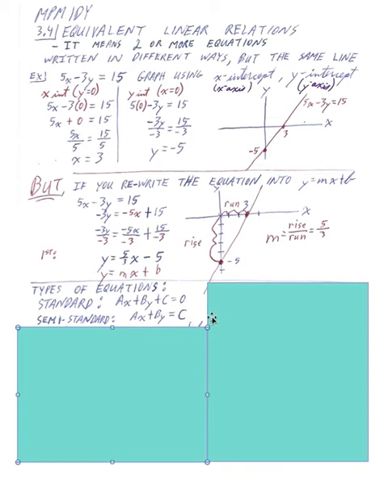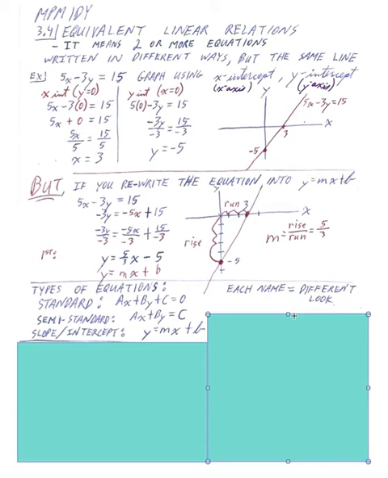And then, of course, the third method that you remember from the other day, y equals mx plus b, okay? And that's called your slope-intercept because of the m and the b in that order, okay? Basically, each name is just a different look, but it's the same equation and it's the same line when you graph it. All right, let's get to the next section.